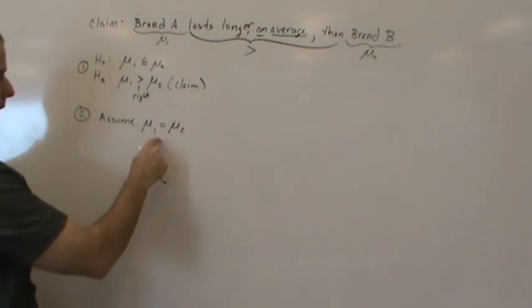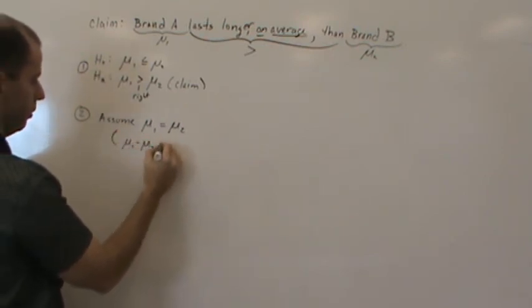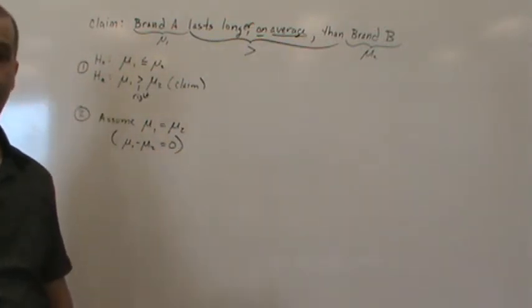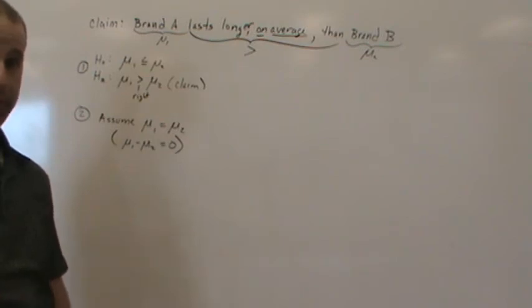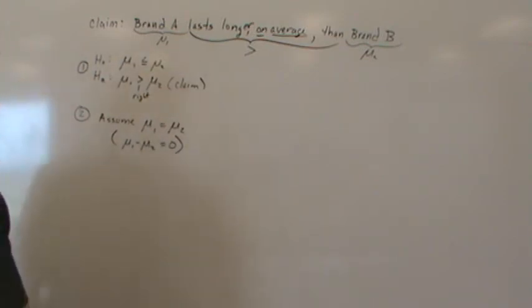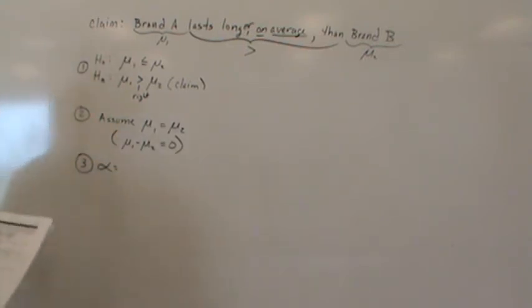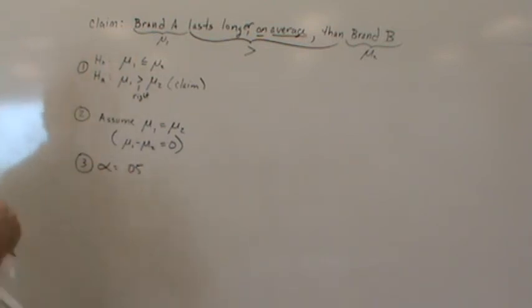In other words, mu1 minus mu2 is equal to 0. Hence why, when we calculated our test statistic z star, we left it out. It dropped out. Now step 3, we're going to put in our data. Alpha was 0.05, the 5% significance level. And here's the data. This is where we're going to put the data. So here's our table.